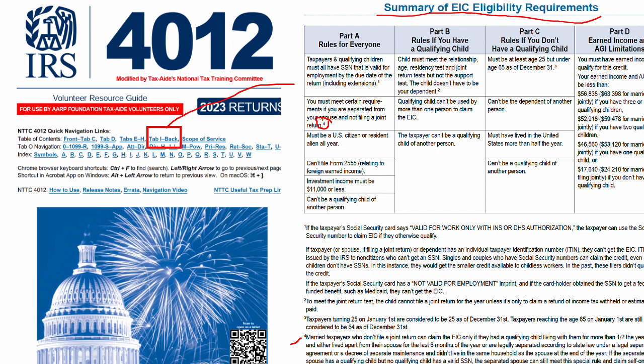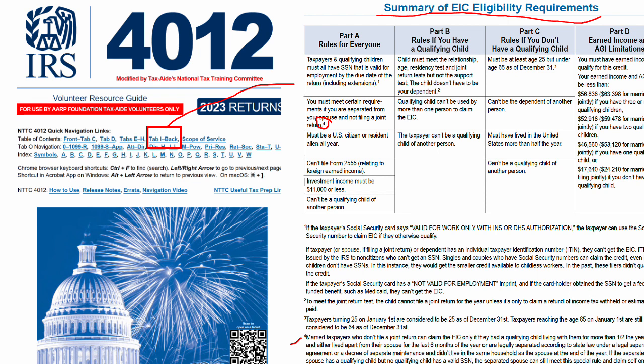Must be a U.S. citizen. They all were. Can't file Form 2555 related to foreign income. Nope. Didn't say anything about investment income that she had. Can't be the qualifying child of another person. Yep. Part B, rules if you have a qualifying child, which Chris does. Child must meet the relationship, age, residency test, and joint return.